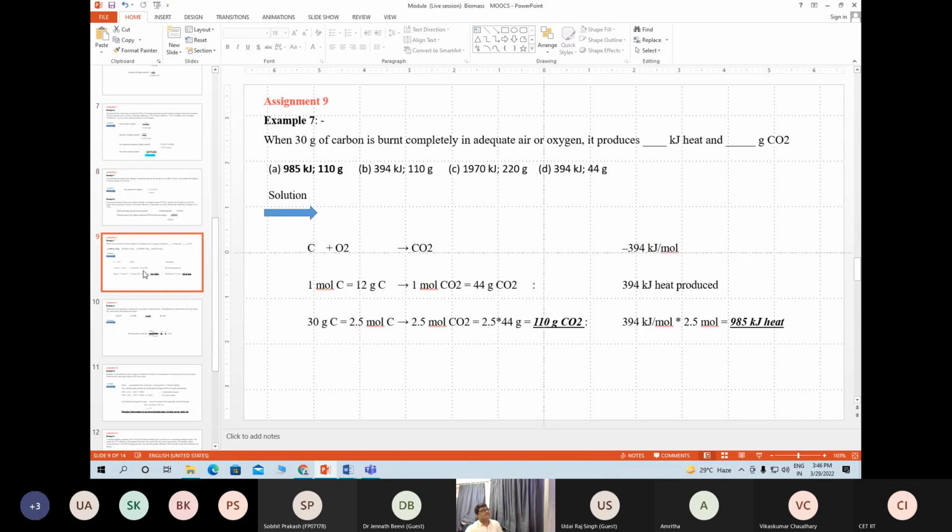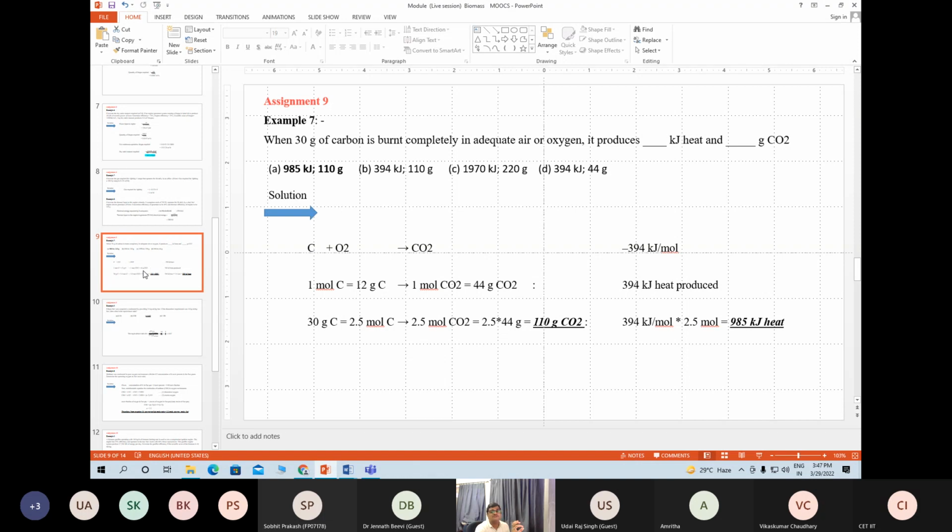Similarly, this one, I think, is slightly a different example. This time I have given it in the assignment to see how you can solve it, because this particular part I have discussed in the lecture, but I have not given an example of this sort in the earlier session. But this time I thought of giving this example.